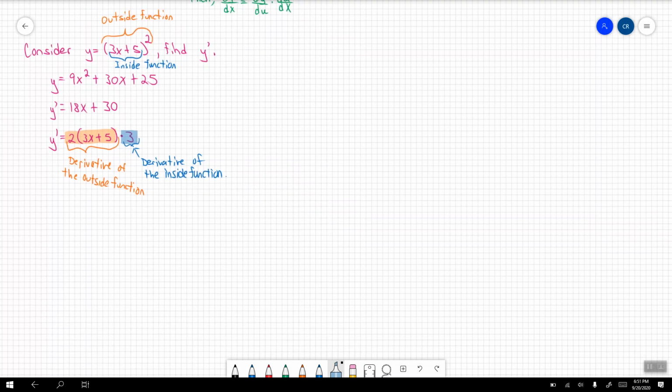So what is that going to look like? We're going to keep track of everything that we do: the inside function, outside function, derivative of the inside function, and so on and so forth.